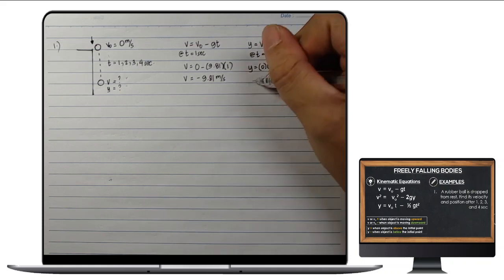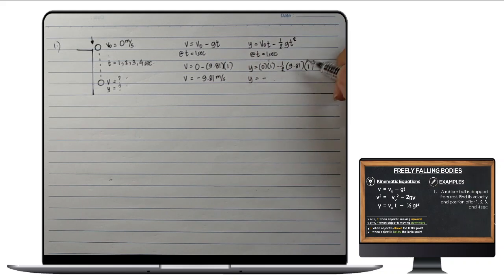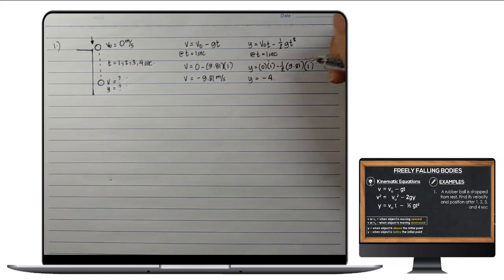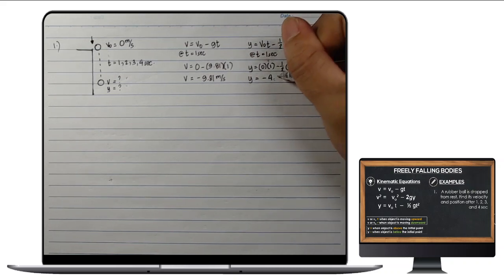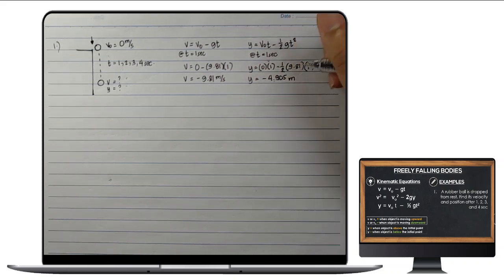So simplifying, y is equal to negative 1 half 9.81. So that is negative 4.905 meters.